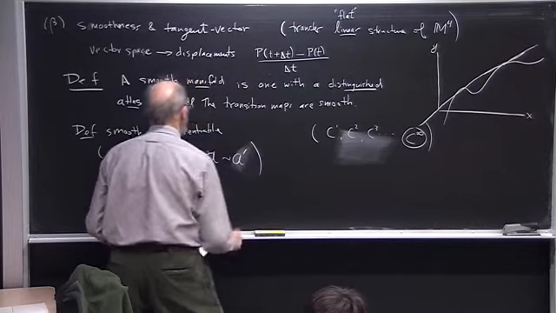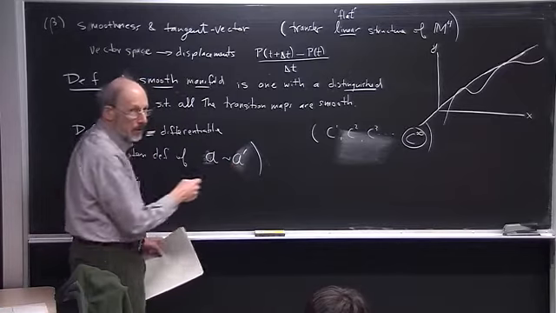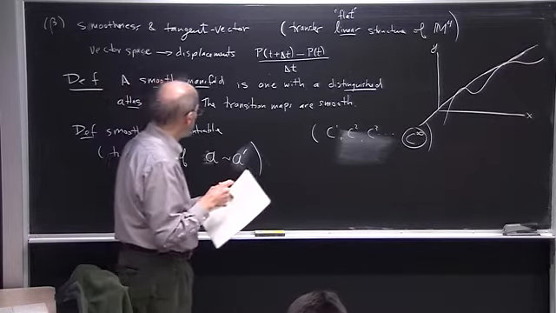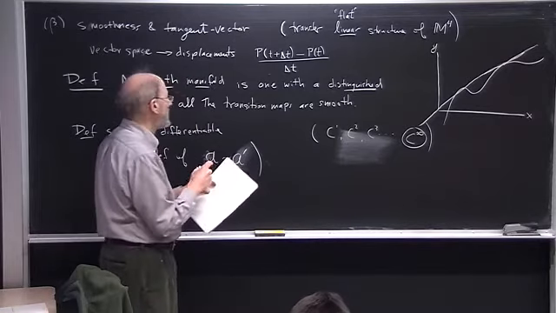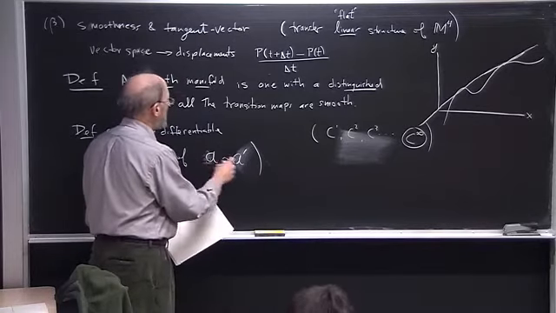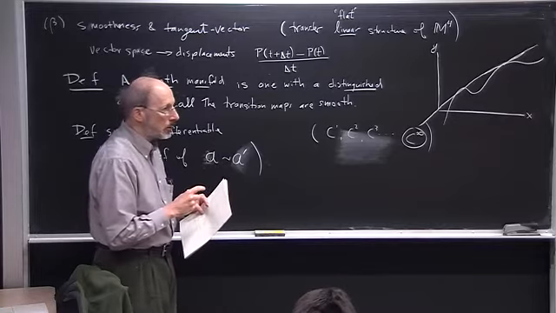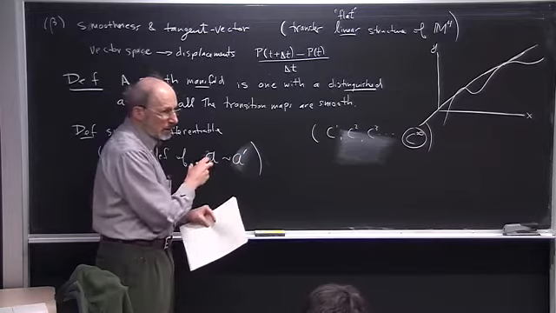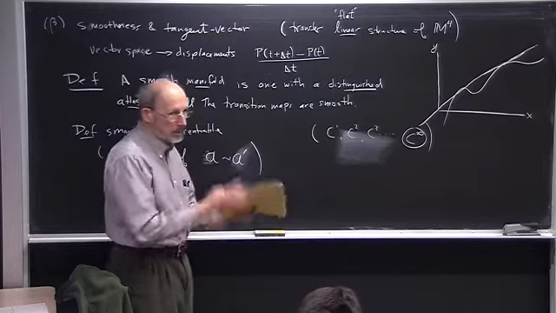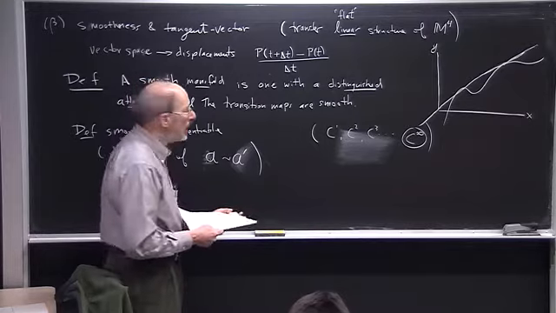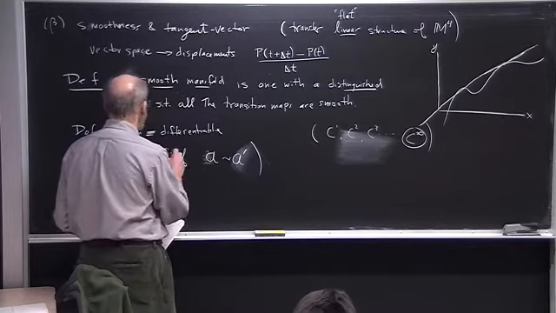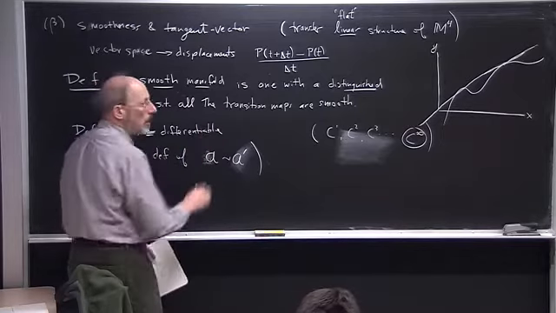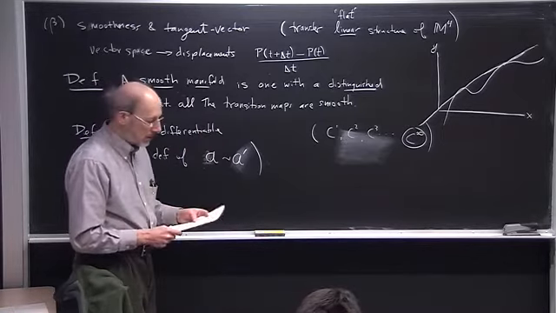So remember, we defined two atlases, A and A prime, before to be equivalent when all the transition maps between the charts in one atlas and in the other atlas were also smooth. The fancy way of saying that was that the union of the two atlases is an atlas. If you take all the charts and lump them together, it still makes an atlas. So now equivalence will be the same definition, except now we require that all the transition maps, just as we did here, be smooth maps, not just continuous maps.